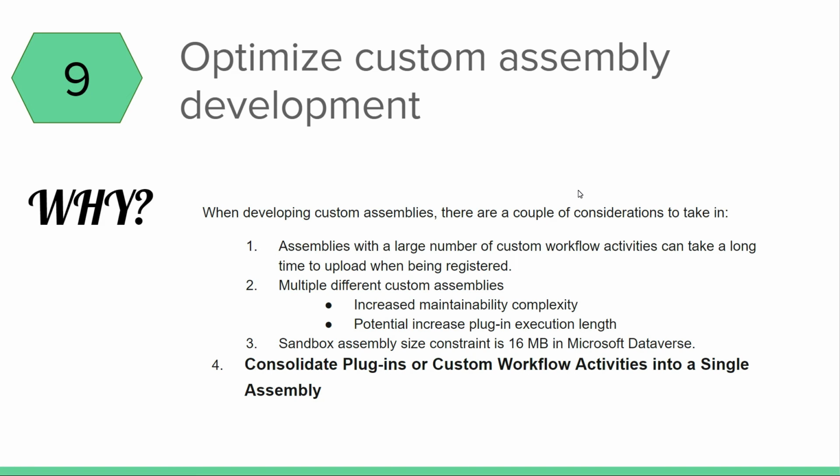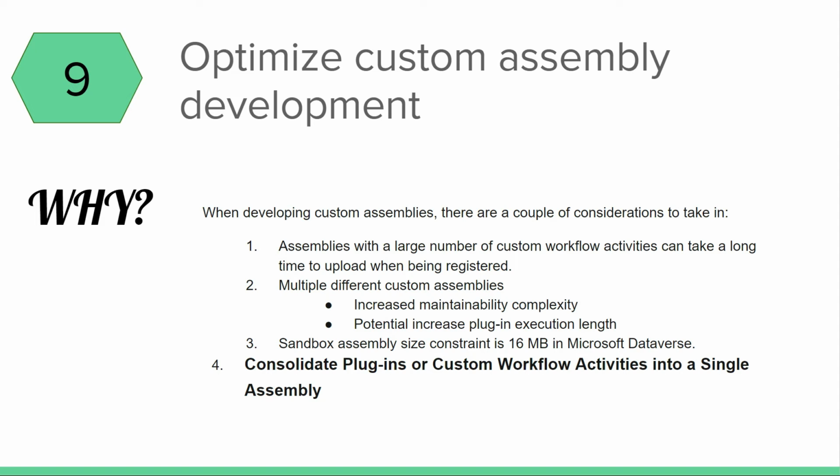Next is optimize custom assembly development. How to optimize custom assembly development? Assemblies with a large number of custom workflow activities can take a long time to upload. So if you have a large number of custom workflow activities, you have to avoid this.